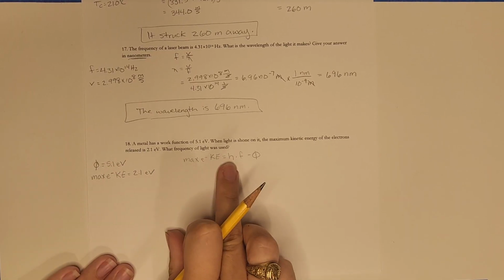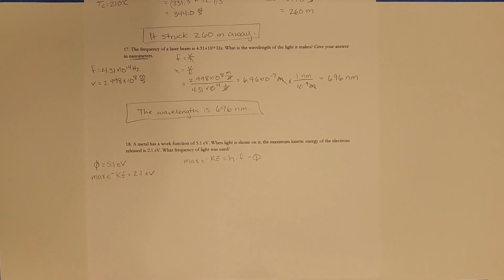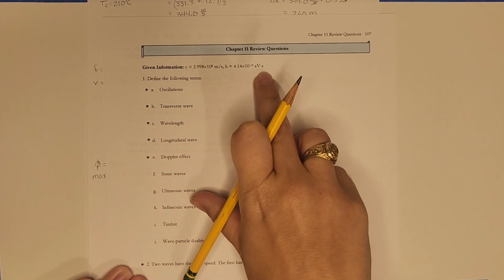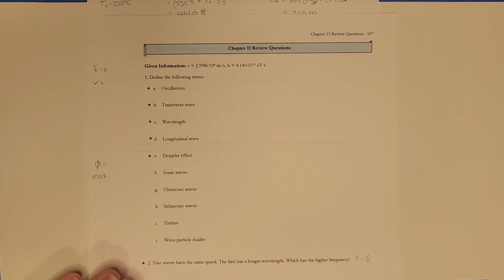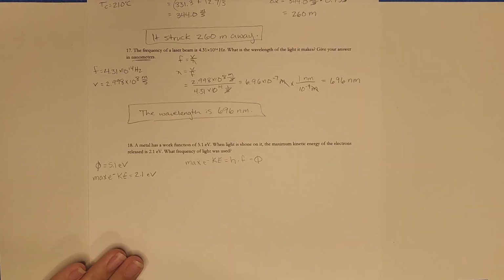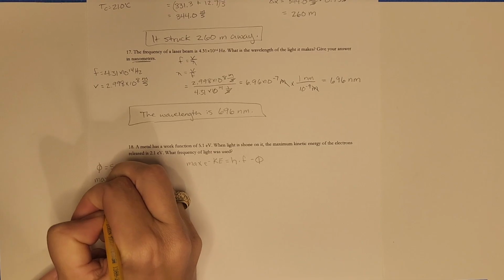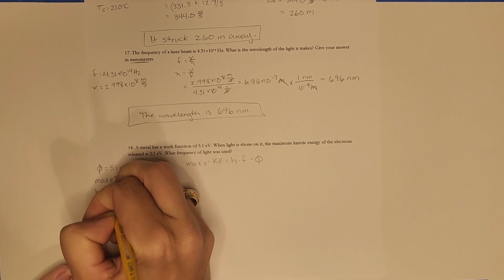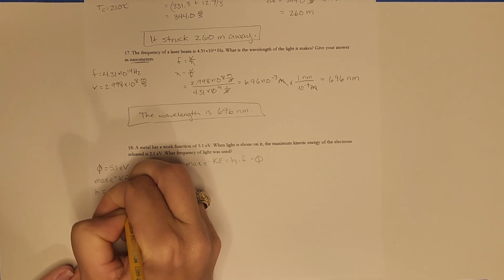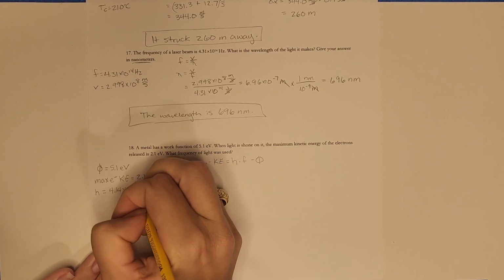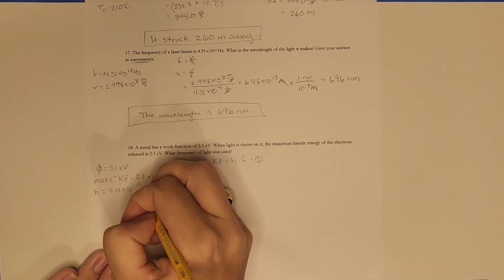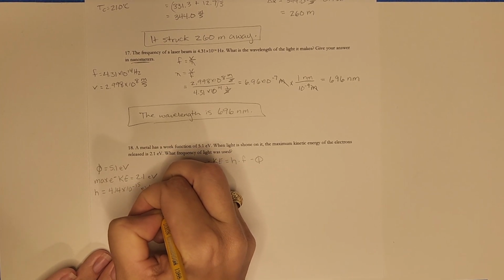And so H is also something that was given to us. That's Planck's constant on the first page of the review questions. So we can go ahead and write that down as something we know also. So H equals 4.14 times 10 to the negative 15th electron volts seconds.